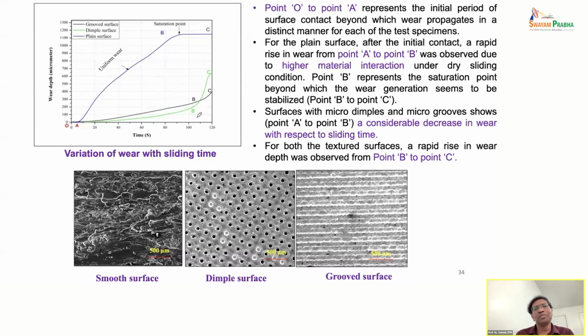As the time goes, we find that the wear depth, or whatever is the material which has been worn out, will be significantly less when compared to the untextured surface. So thus friction is decreasing, and thus the wear is also reducing.